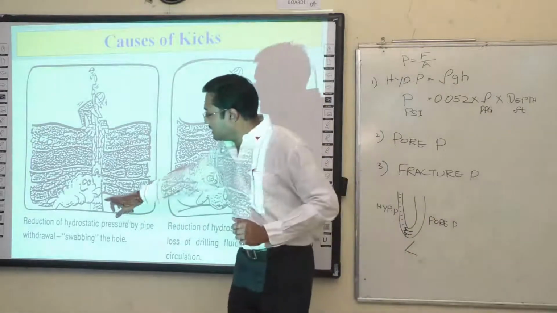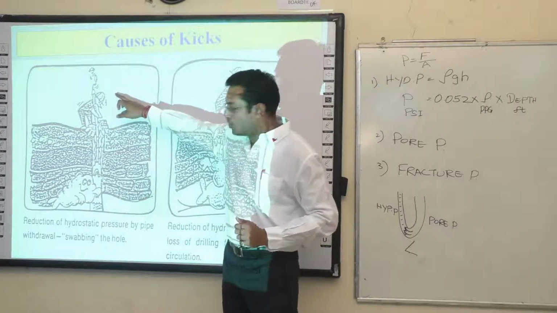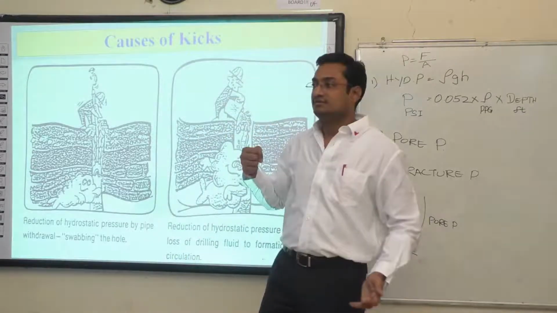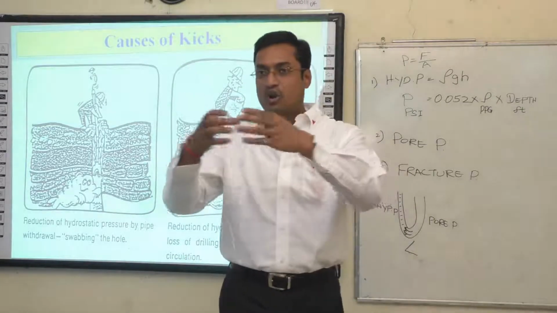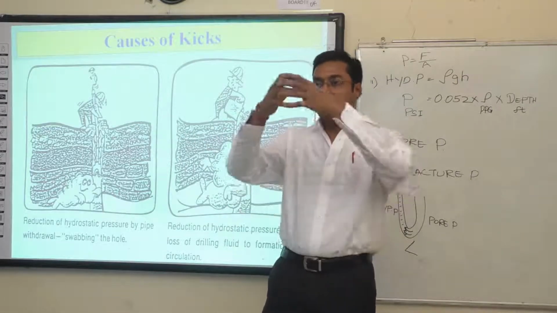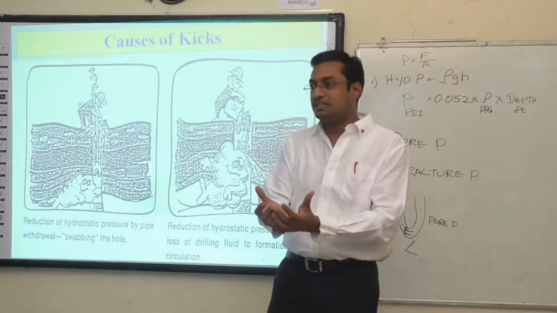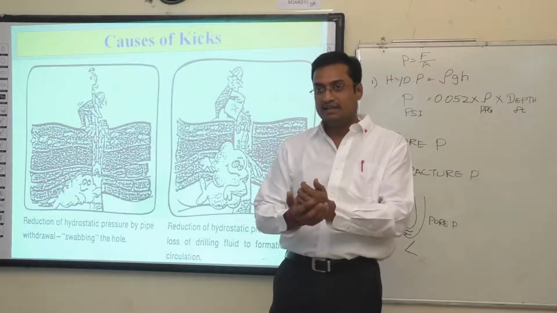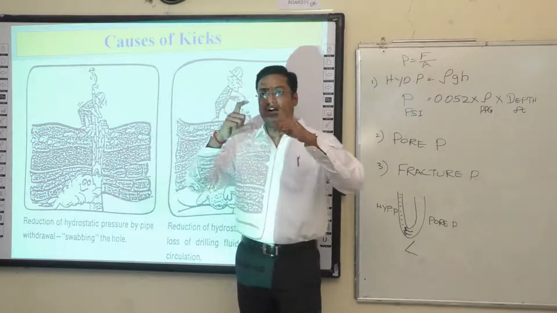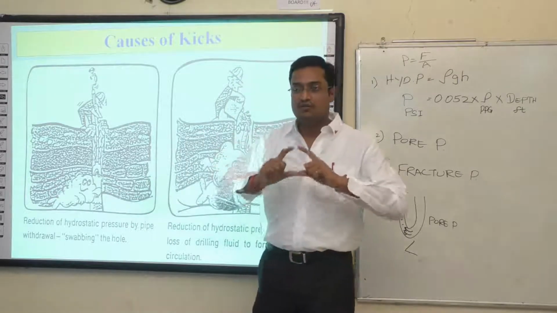So when I pull the pipe out of the hole, you create a swabbing effect. If the hole size and the bottom hole assembly clearances are very small, when you pull the pipe, you create a negative pressure below the bit. That will cause underbalance condition, which will cause a leak.